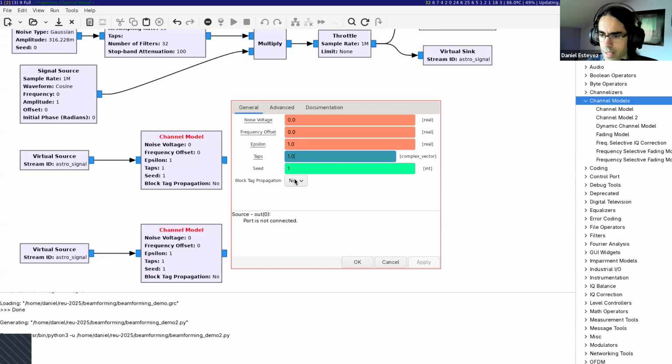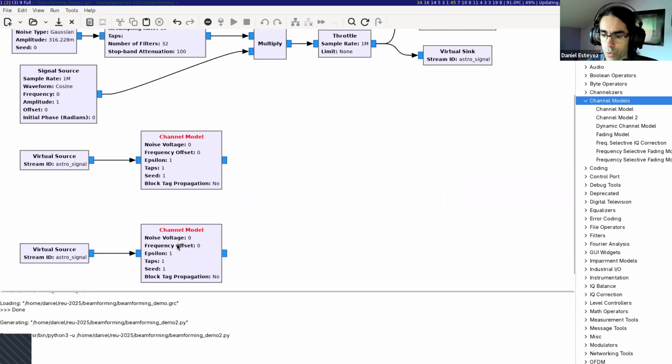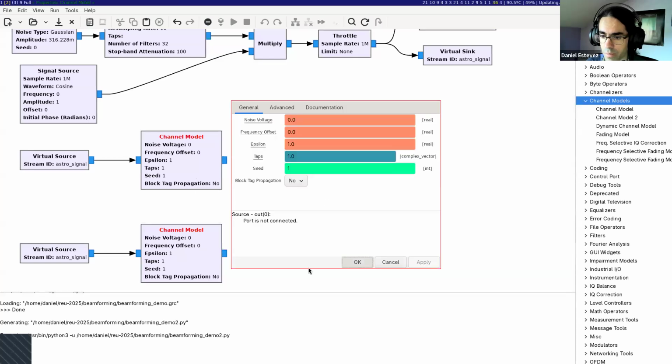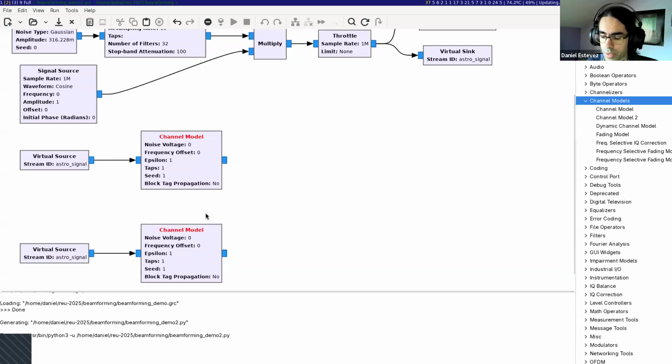Then I'm going to leave all of these as they are with the default values, which basically means add no frequency offset, add no sampling rate offset, which is how epsilon is often called. Do not change the phase of the signal. And I'm going to add all the effects to receiver number 2, which is this one. That doesn't matter. I could add half of the frequency difference to each of them. I could put everything on receiver number 1. It doesn't really matter for the kind of simulation we are going to use.